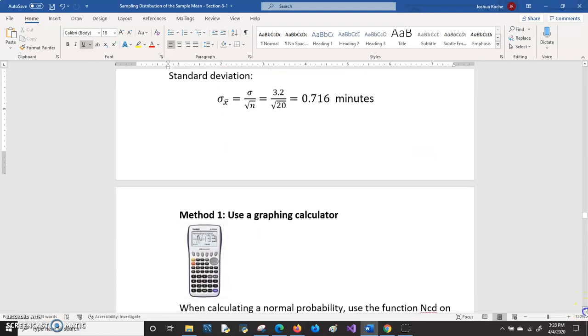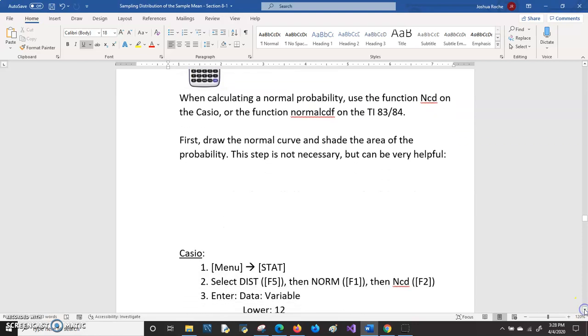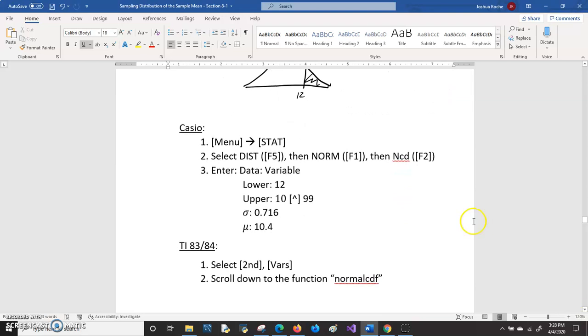So with that in mind, we can use either method. We can use a graphing calculator. If we did the graphing calculator, we could still draw out the normal curve if we wanted to, if that helped out. It's the same as what it was before. We could use the Casio or the TI calculators.